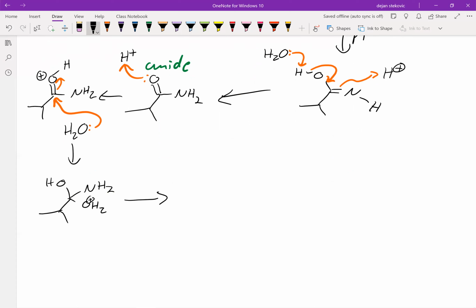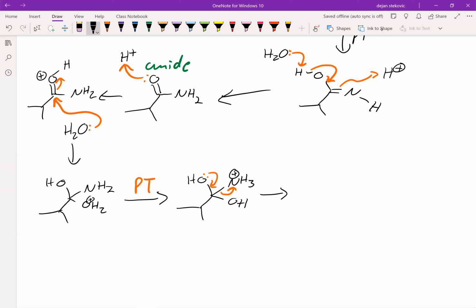Now we've got this compound right here. We can move around our protons to do some proton transfers. Again, stay away from negative charges because we're in acidic solution. We're going to protonate our nitrogen. That's the most basic component, and also that's what we're going to have be our leaving group. So we're just going to have a lone pair from one of the oxygens form a carbonyl, and at the same time, we're going to kick off this amine, right?